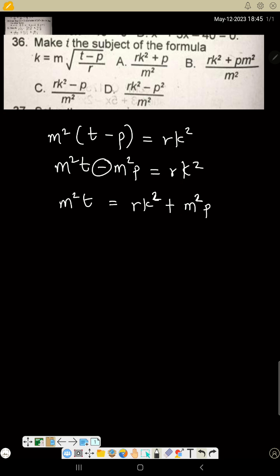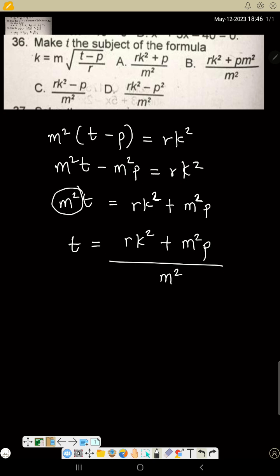That is, take this one to the other side, it will become plus. So t is equal to rk square plus m square p divided by m square, because we are looking for t, so divide both sides by m square. So this is t.